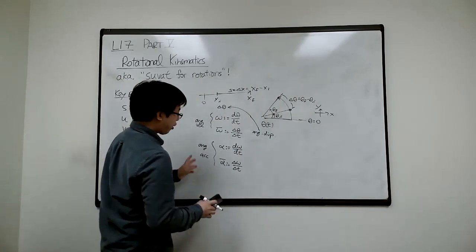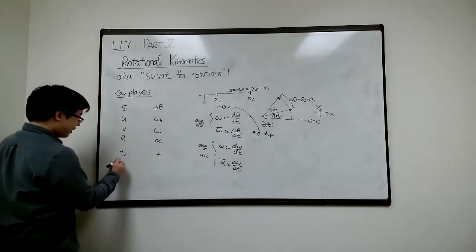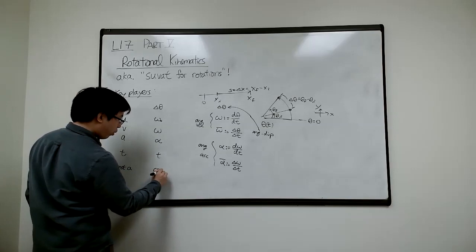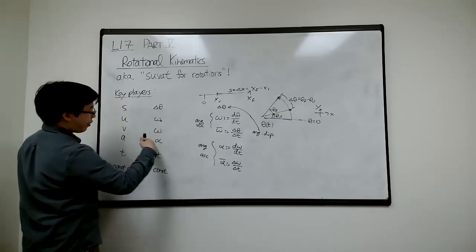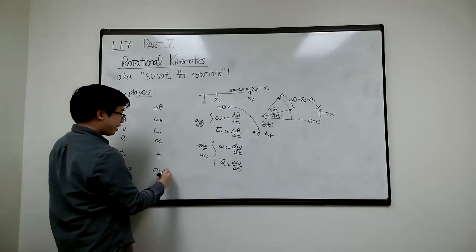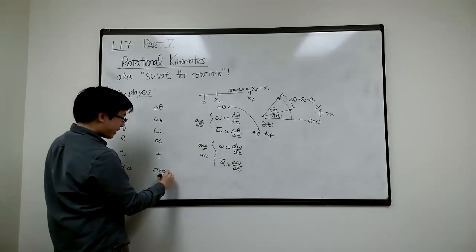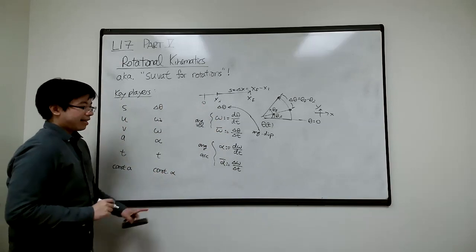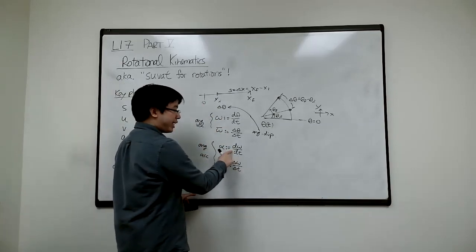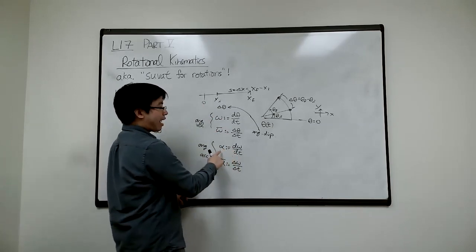First of all, remember, these only work with constant acceleration. The variables are general, but the SUVAT equations that I'm going to write out only work for constant angular acceleration. If it's constant, that means at every instant it's the same alpha.